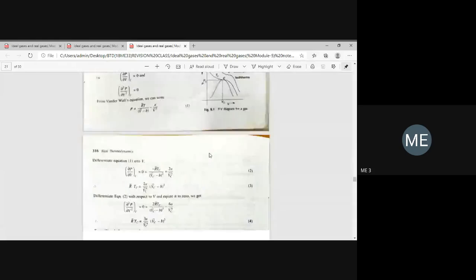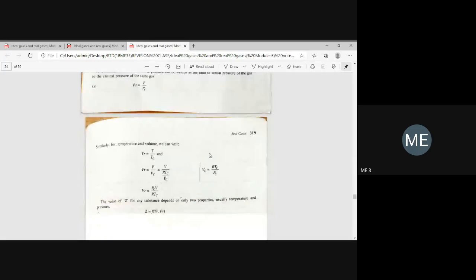Okay. I'll do some more problems on real gases. This problem: determine the critical pressure of oxygen using the perfect gas equation and van der Waals equation.